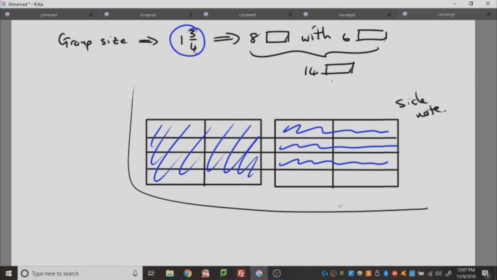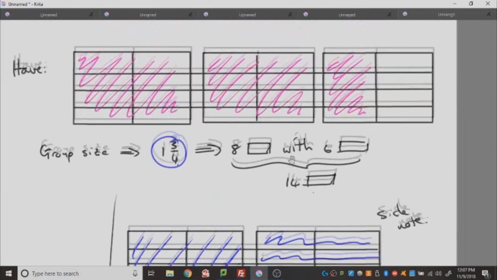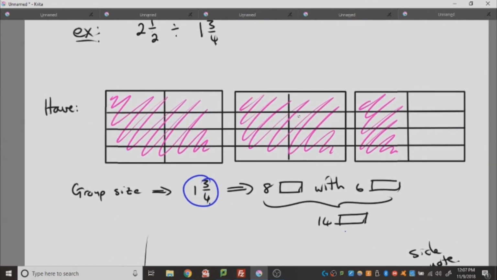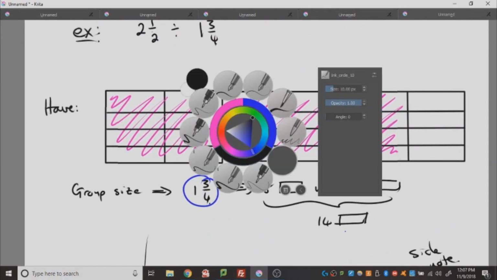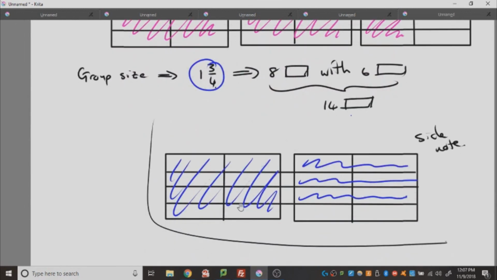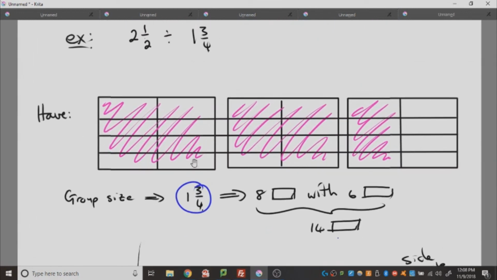Side note. Now I figured out it's 14, so I'm going to make groups of 14. Maybe blue, because that's exactly the group size. 14, oh, that's a lot. That's going to be all of this rectangle, which contains 8, and then another 6, which I'll just do whatever comes first, like that.